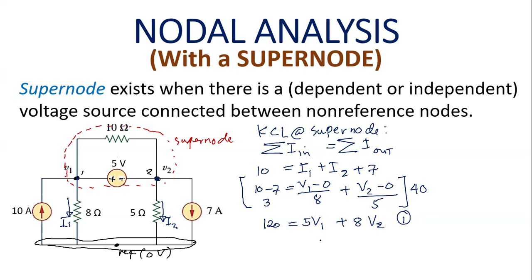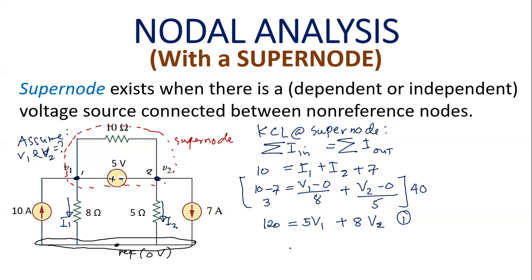Since we have two unknowns here, V1 and V2, we need one more equation.